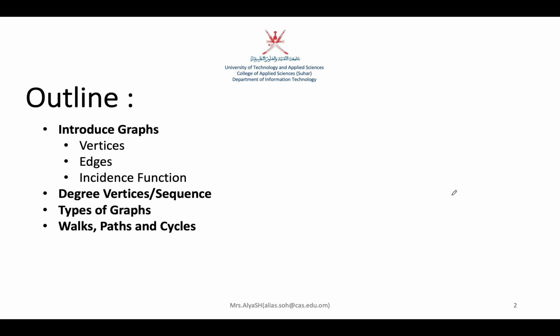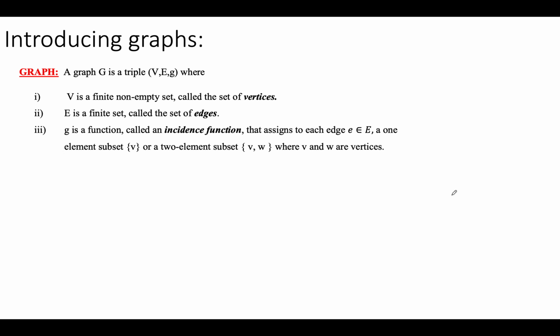All right. Now let's start with the definition of a graph. A graph is a triple, where we have three main things. V is a finite non-empty set called the set of vertices. E is a finite set called the set of edges.